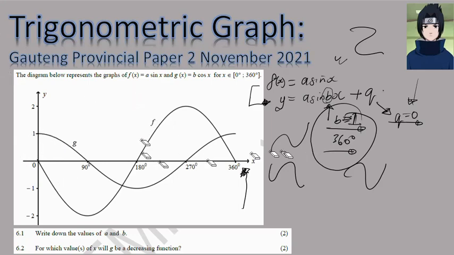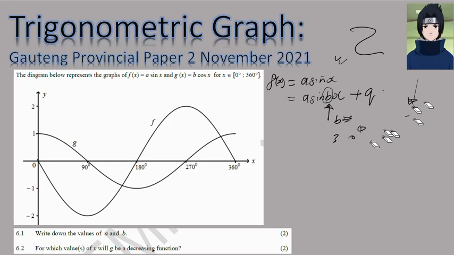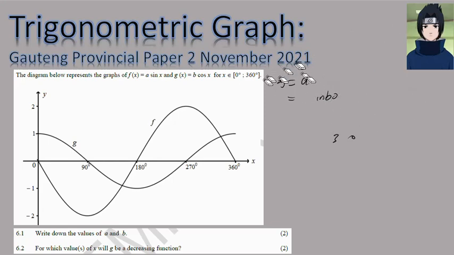Now, what else do we see? The same goes for the cosine equation. For cosine, we're given that g of x is equal to b cos x. What we know is that the general equation is a cos bx plus q.